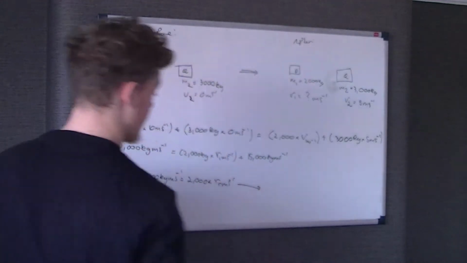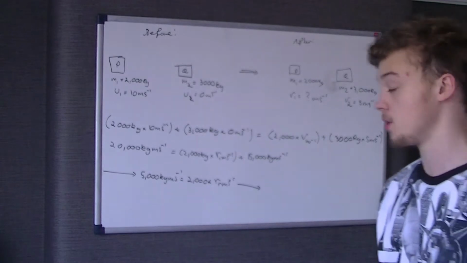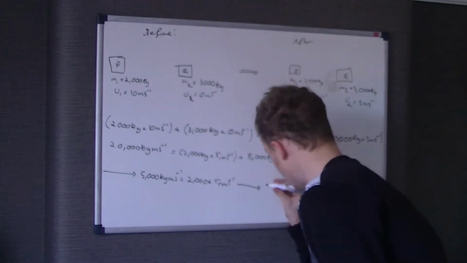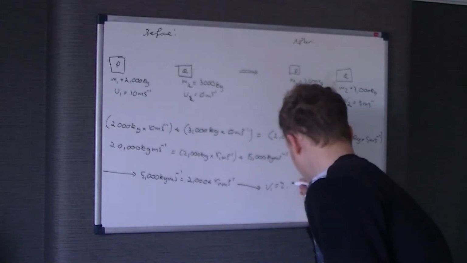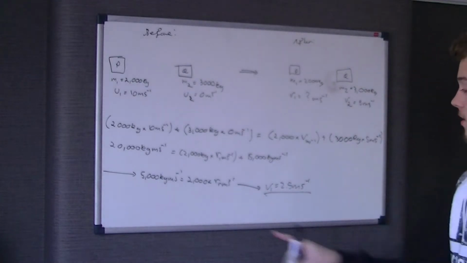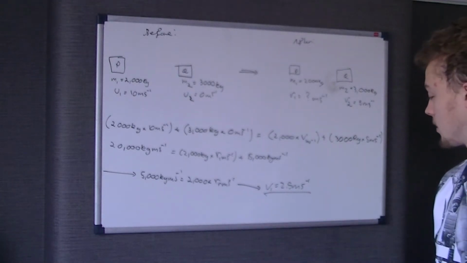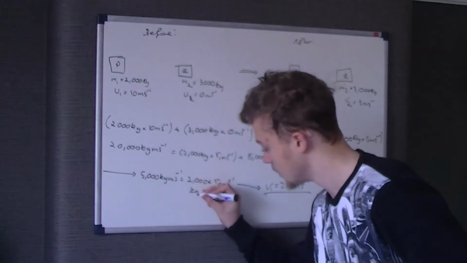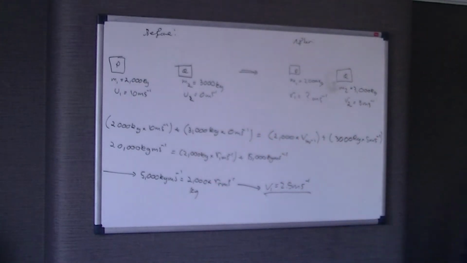And if you were to rearrange that, v meters per second equals 5,000 over 2,000, you get 2.5. So you get v1 is equal to 2.5 meters per second. And obviously you need to get the units, because the kilograms cancel out. Okay, right, so that's what we've got there.